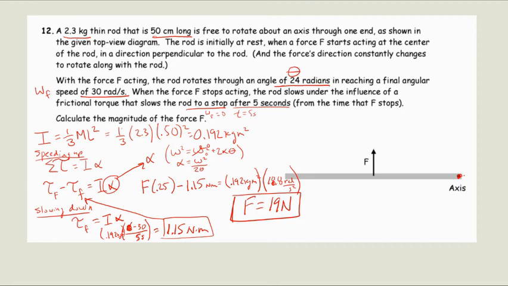So when I find that friction, I'm applying it over the speeding up, the accelerating of the rod, but it's also what's causing it to slow down. So I kind of had to work backwards a little bit to figure out what the friction is, and then plug the friction into my speeding up situation.